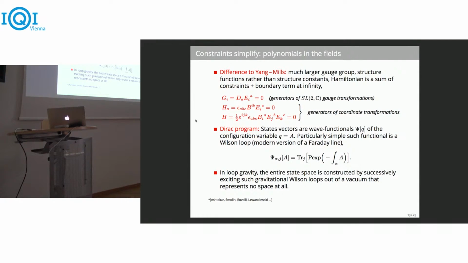And these generators, the generators of the gauge symmetries, vanish as constraints, which means that they vanish up to boundary terms. Now the idea to quantize this phase space is to follow the Dirac procedure.